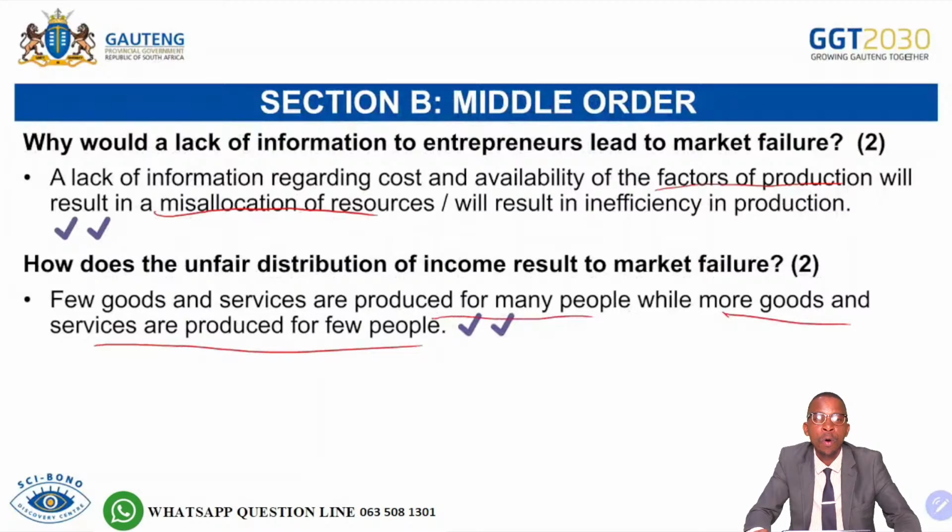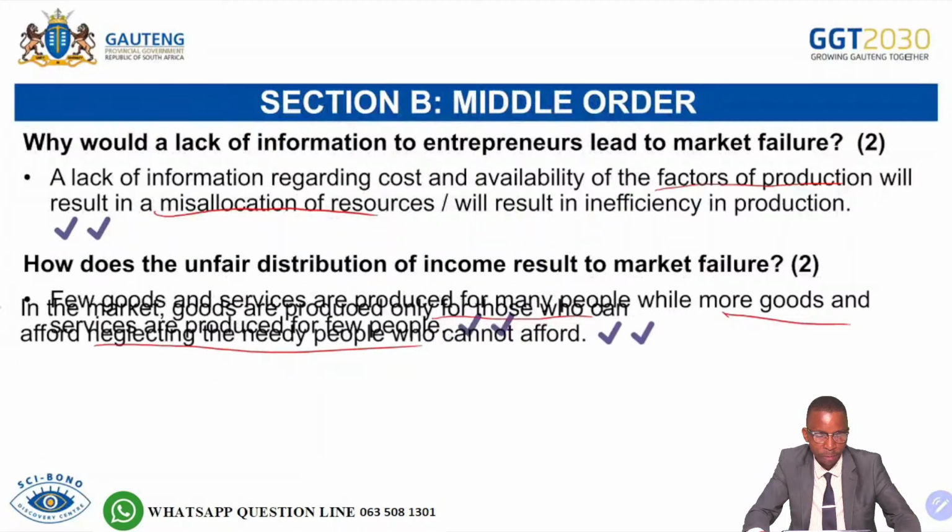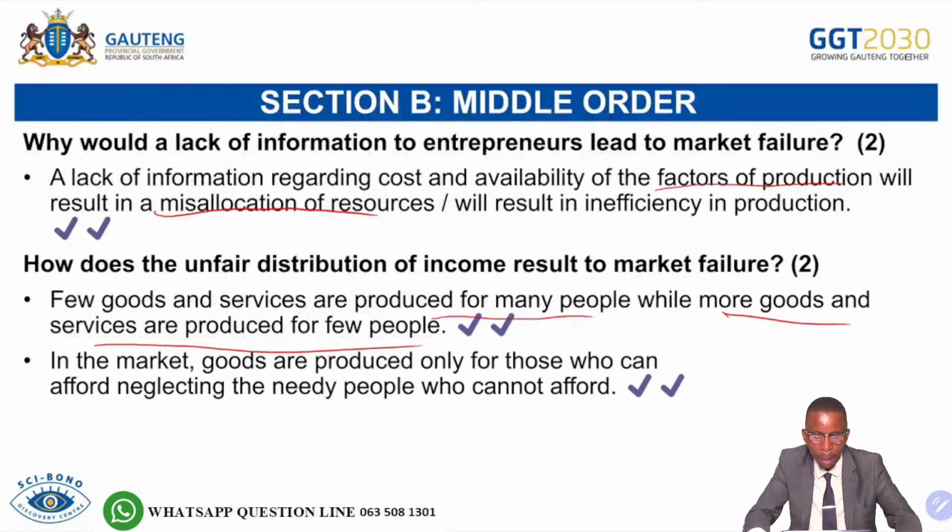Some people have no income, some people have a moderate income, some people have a lot of income. So those that have no income cannot afford some goods and services. If they are sold in the market, people that cannot afford them will not be able to buy those goods and services. While the market is oversupplying, there will be less demand for those goods. In the market, goods are produced only for those who can afford, neglecting the needy people who cannot afford.